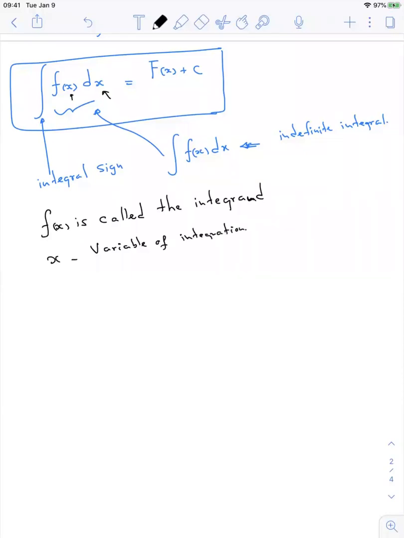Remember that when you differentiate with respect to x, we used to say differentiate with respect to x. So that is the variable. Now here we say x is the variable of integration.